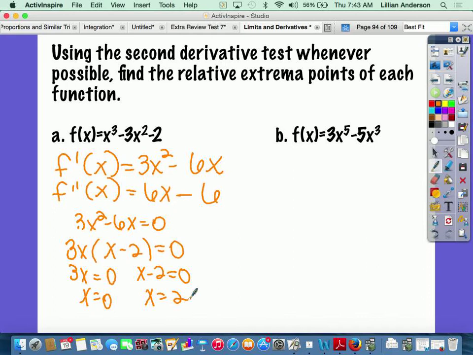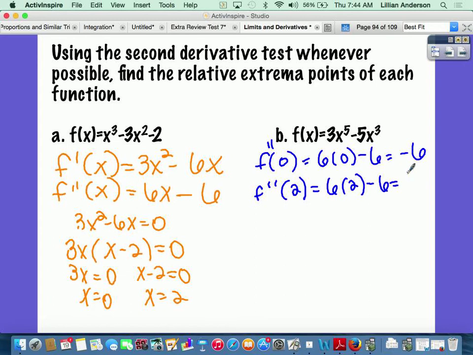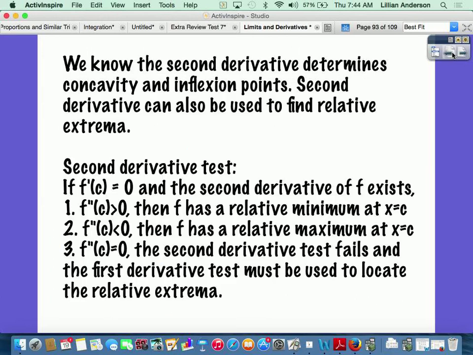So I'm going to plug 0 into my second derivative, and I'm going to plug 2 into my second derivative. When I plug in 0, I get a negative 6. When I plug in 2, I get a positive 6. Now, according to the second derivative test, if f double prime of c is greater than 0, then we know we have a relative minimum.